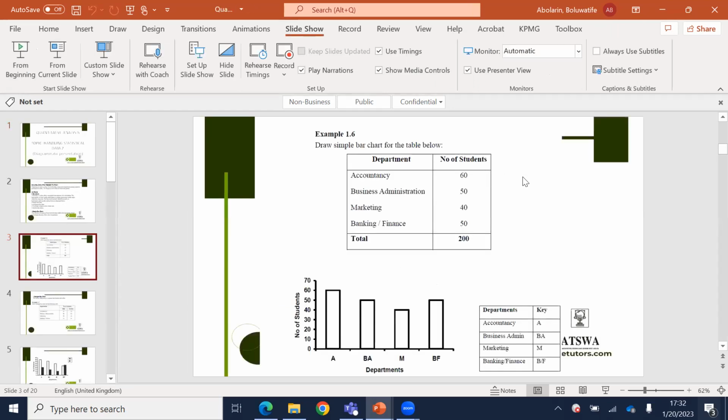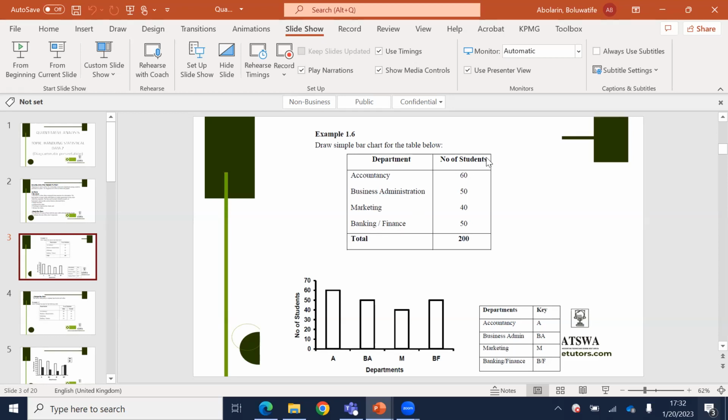To the question, accountancy is what I represent by A. I represented business administration by B. I represented marketing by M. And I represented banking slash finance as BF.